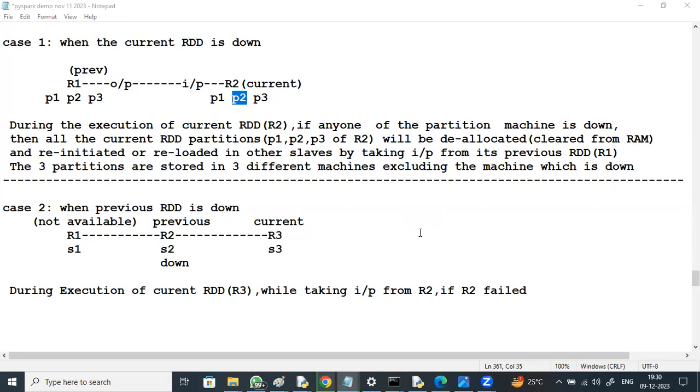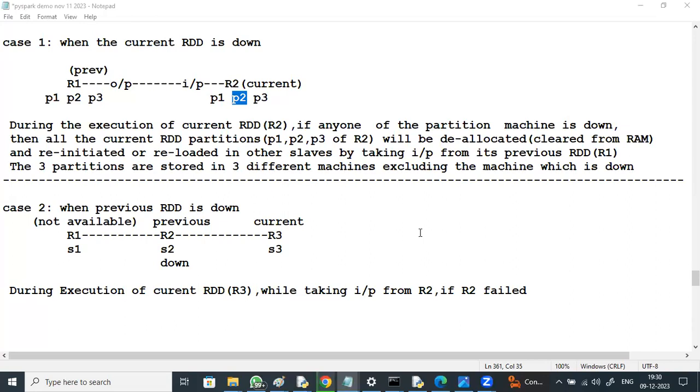So the data of the 50 systems is being stored in 3 systems. For example, if any RDD has 10 partitions, the RDD is stored across 10 systems out of the 50 available.